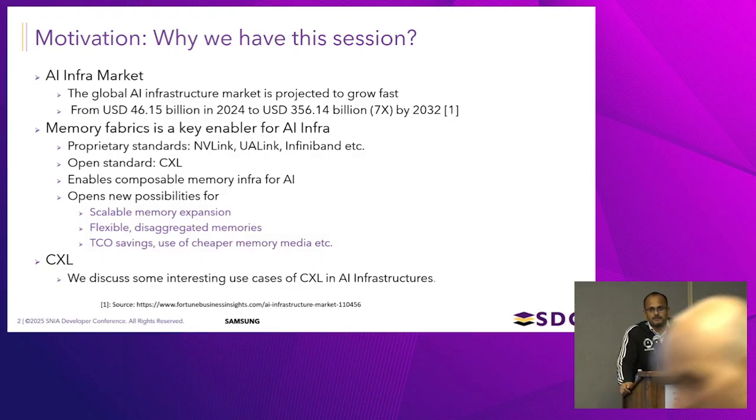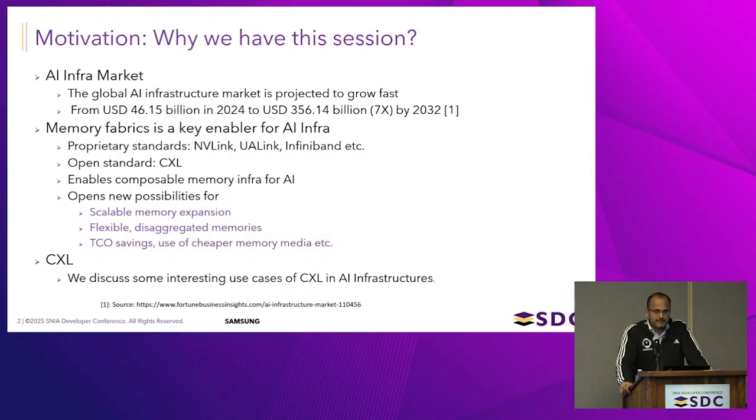When you talk about memory fabrics technology, there are proprietary standards like NVLink, UALink, and so on. And then there is an open standard, which is CXL. We believe an open standard like CXL is very important because it helps us explore new ideas and collaborate on different experiments.